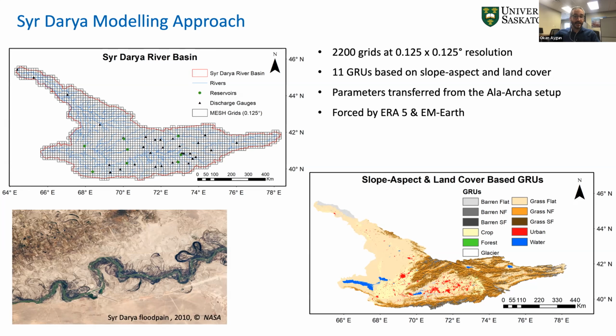And slope, aspect, and land cover classification yielded about 11 group response units. The modeling concepts and parameters were transferred from the Ala-Archa MESH model, and similar to the Ala-Archa, the MESH Syr Darya model was forced by ERA5 and EMO.